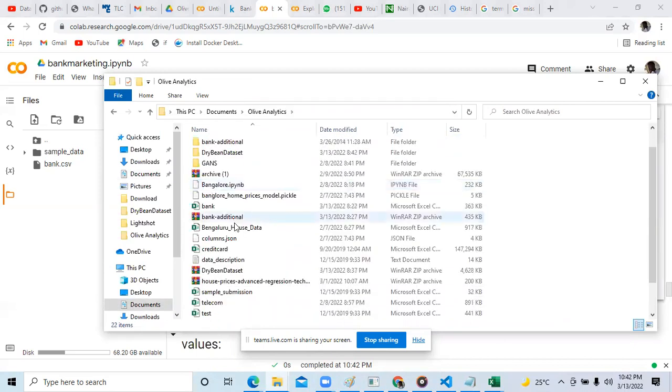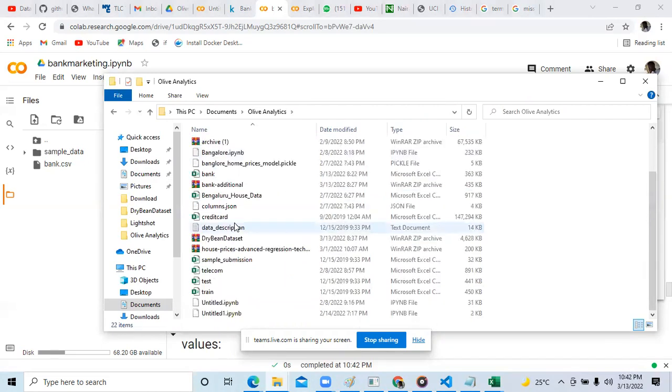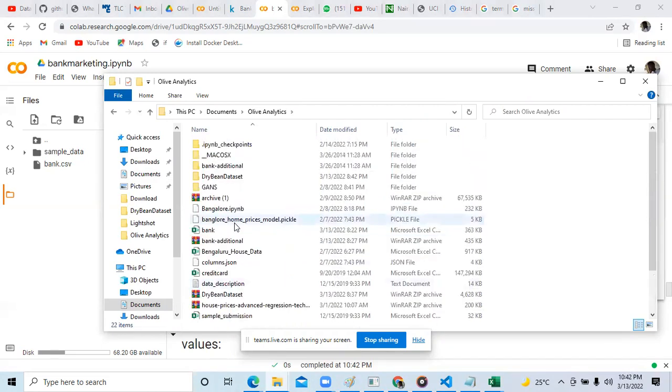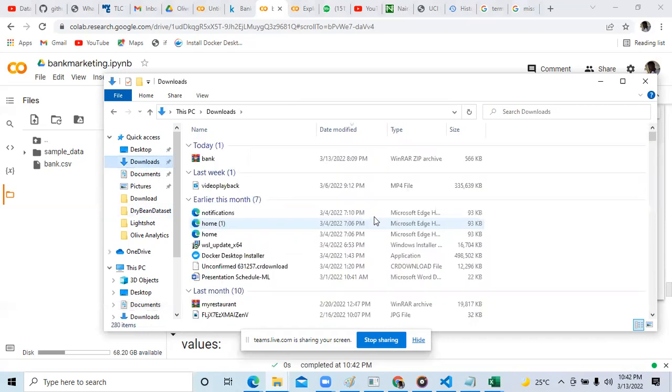How many times did I download this data? The one I downloaded is different.